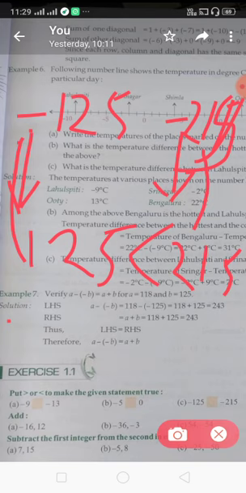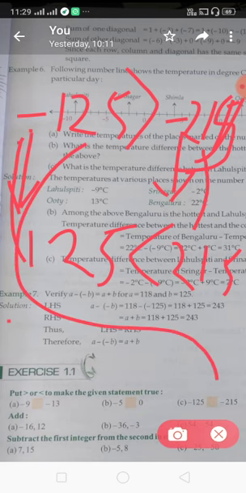Then you just change the symbol side, means you reverse the direction of this sign and put it like this. So you see your final answer is the same. Whatever sign you put here, put it like this inside. It means minus 125 is greater than minus 215.